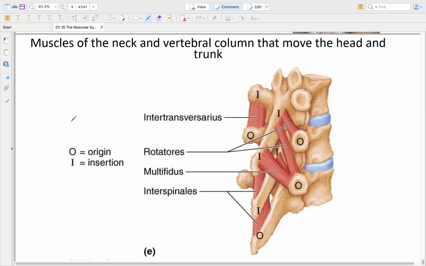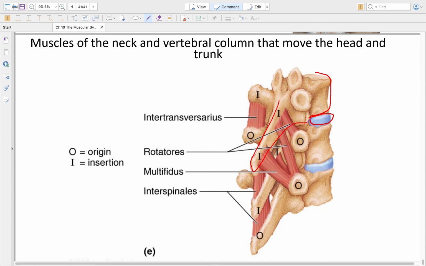Okay, the last muscle in this part 1 we're going to discuss is pretty straightforward. These are just muscles in between our vertebrae. Now remember, this is the body of the vertebrae over here. These are the intervertebral discs right there. And this would be our spinous process right here for one vertebrae.